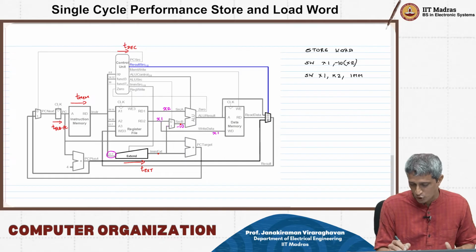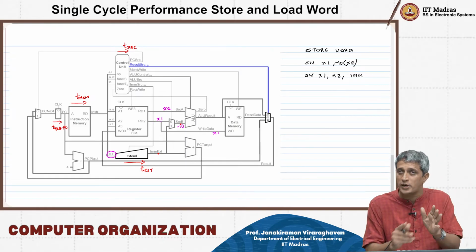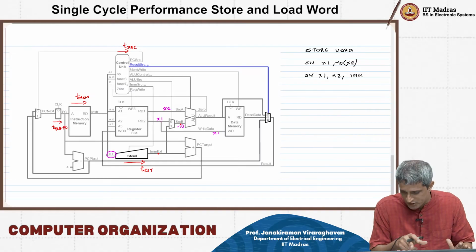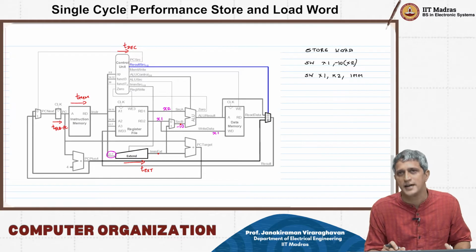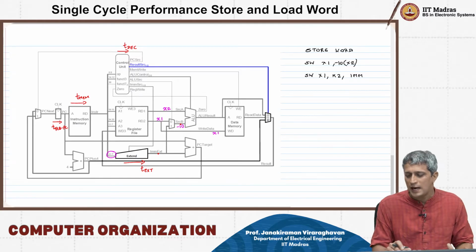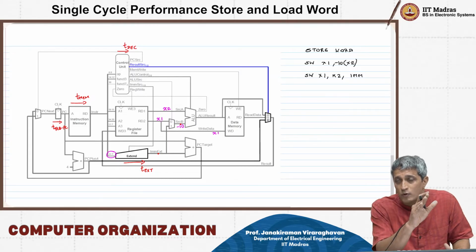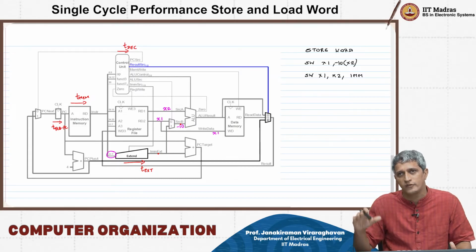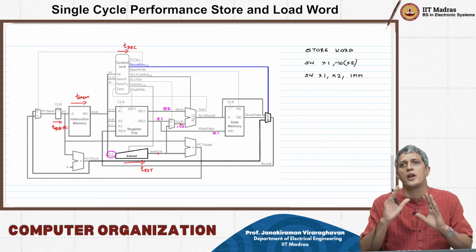Remember, RD2, the second register, is read out, but it is not getting used by the ALU. It is just being bypassed directly to the write data of the data memory, right? And then in the meanwhile, while the decoding was done, the write enable of the memory has gone high, so that it is all ready to be written.